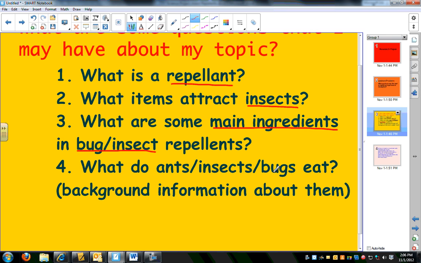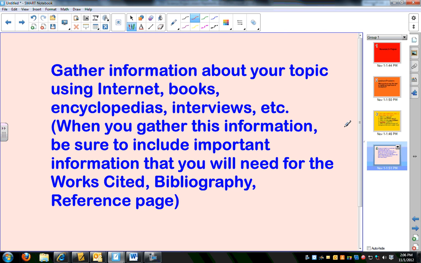And finally, what do insects or bugs eat? Again, when you gather some background information about insects and bugs and ants, it will help you to better understand how to keep them away. So you're building your background knowledge to make a research-based hypothesis for this project. Moving on to the next page.